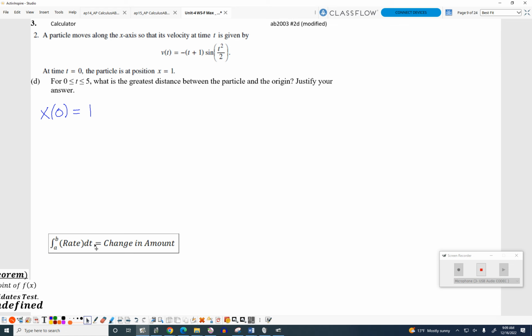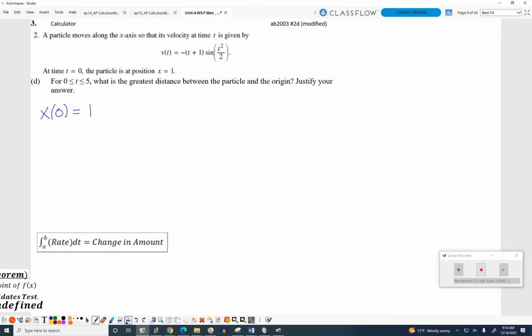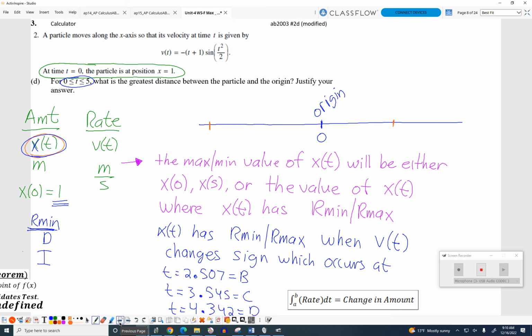Let me help a little bit. What's the rate in this problem, Haley? So the rate is the velocity. So we're going to integrate the rate. So I can write that. And what's representing the amount in this particular problem? No, look at our table. What represents the amount?